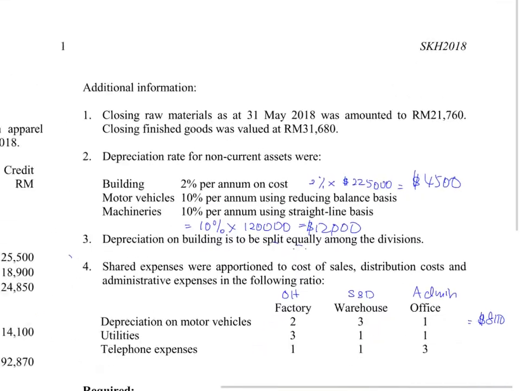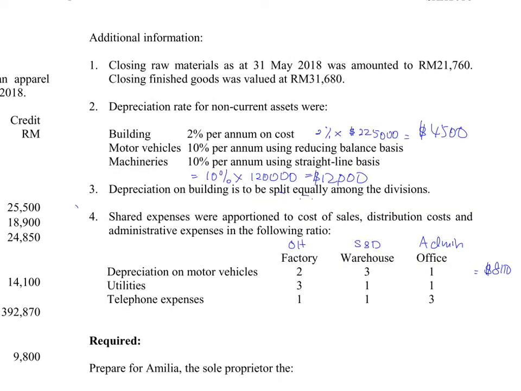Continue this side. No more. Note 1. Closing raw mat is 21,760. Closing raw mat, where? Manufacturing, do we have? Yes. Opening plus purchase plus carriage inwards plus your import duty, we less our closing raw mat.